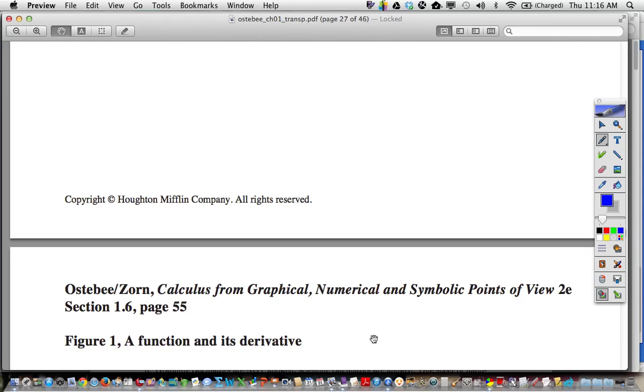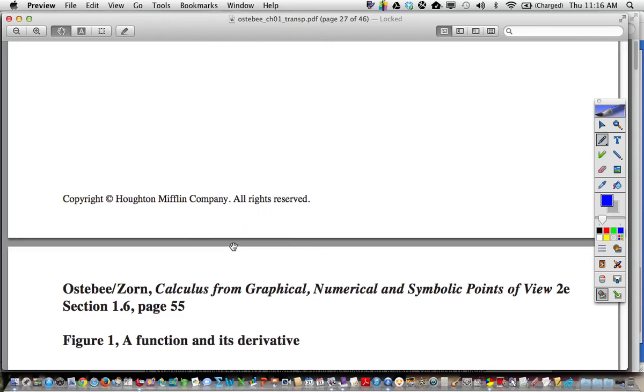Okay, so on page 48, we have a table. It gives us some x and y values of the function x squared. So everybody looking at the table on page 48, if I ask you to give me an estimate, let's say we did not know what that function was.